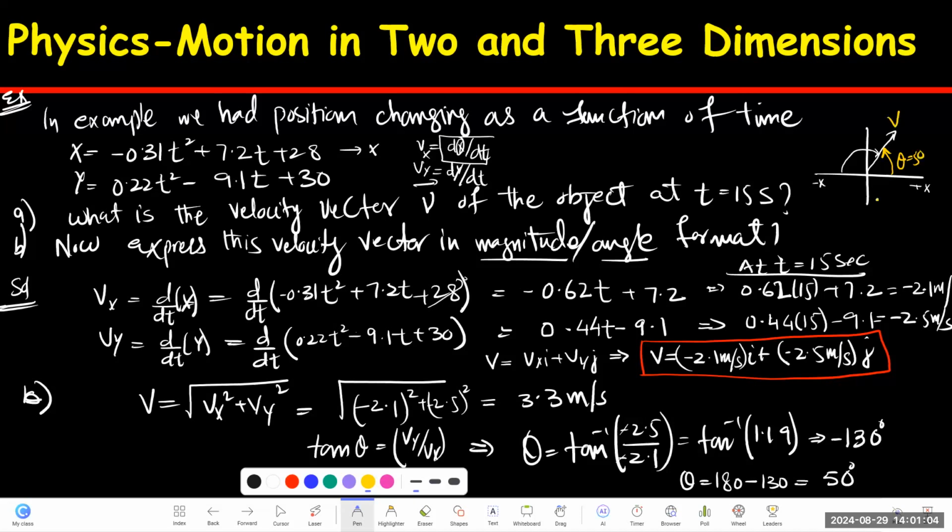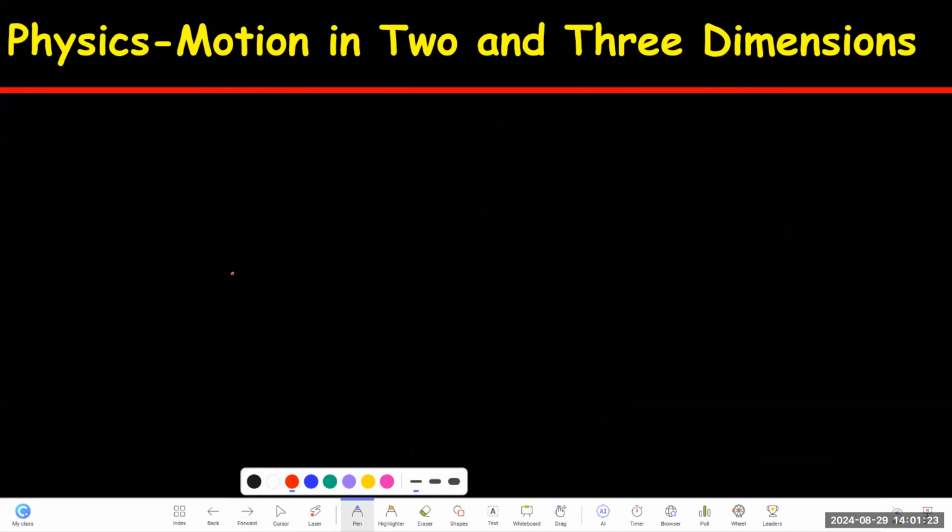And this is my vector. In this vector, this is my angle, and that is my magnitude. In the same way, we can write acceleration. If I'm asking for the acceleration, I can write the acceleration vector just like velocity and position: ax i plus ay j plus az k.